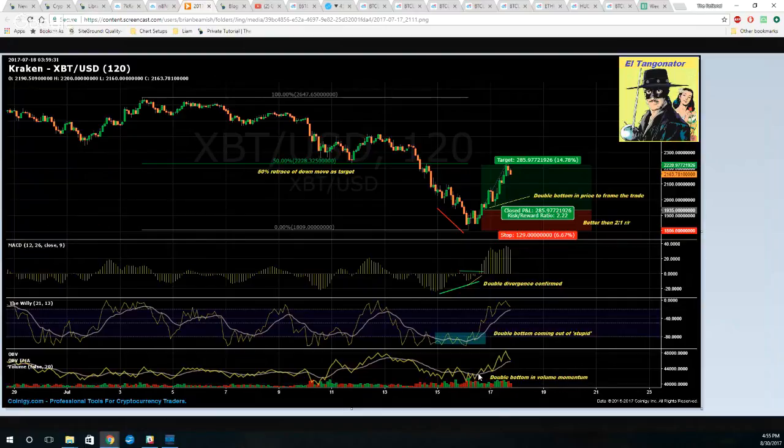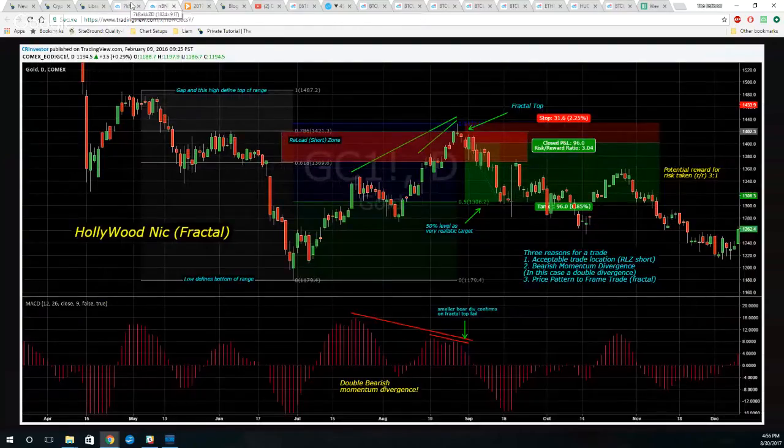You can see the higher highs and higher lows in the on-balance volume. I often tell people divergences in the on-balance volume, oh boy, super powerful. In this particular case, I really liked this double divergence in MACD. It's a fantastic example. So that's sort of your reason number two.